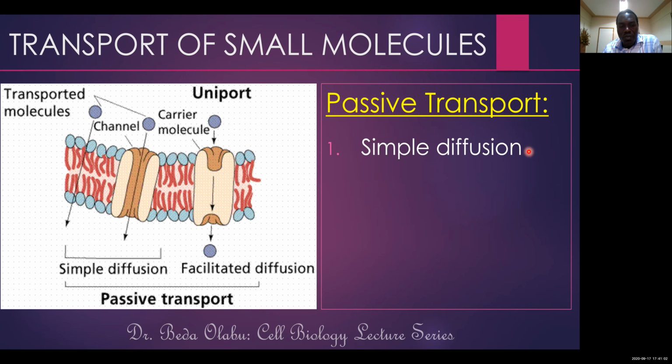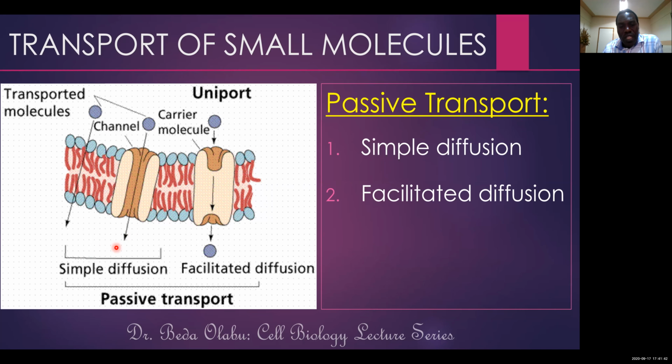But simple diffusion can occur directly through the membrane or through an ion channel like this one. As long as the molecule in question is concentrated more on one side than another, there will be net movement. It can move through the membrane like this if it's able to move through this fatty layer, or it can move through an ion channel. That is simple diffusion.